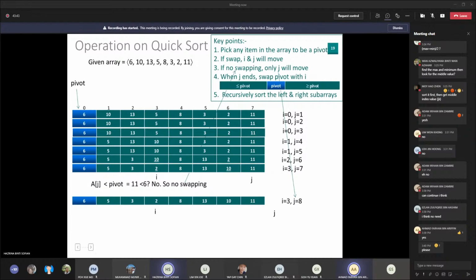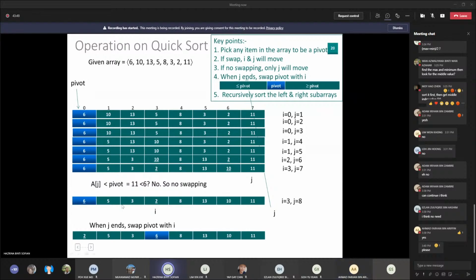So the pivot stays 6. They just swap places. Okay. Understand?